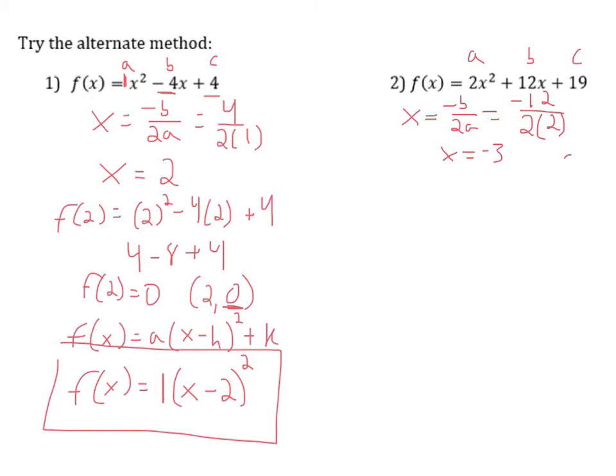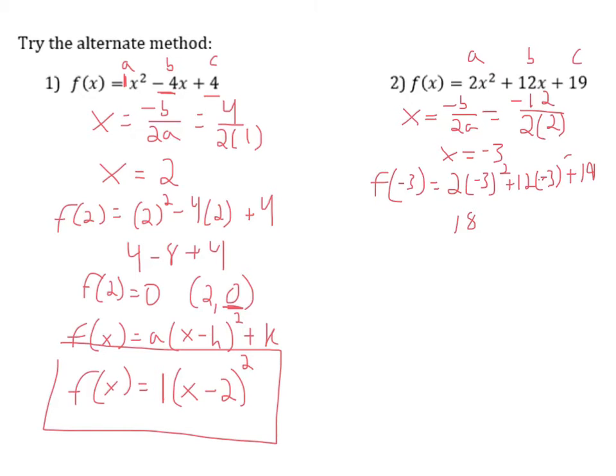Now I want to find the y value of my vertex, so I just plug that x value right in. So f of negative 3 is going to equal 2 times negative 3 squared plus 12 times negative 3 plus 19. Negative 3 squared is 9, so 9 times 2 is 18.